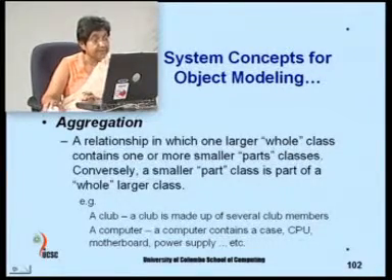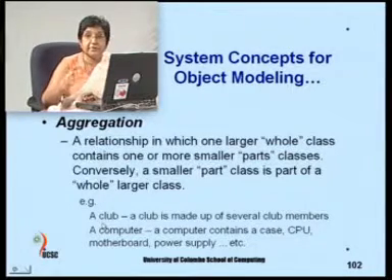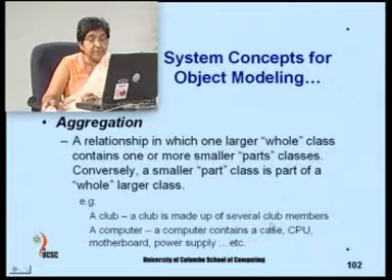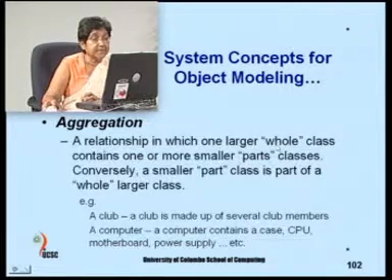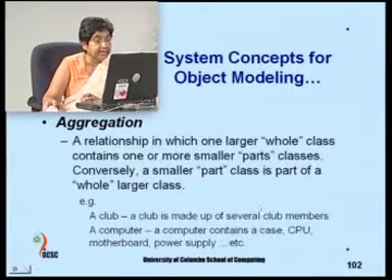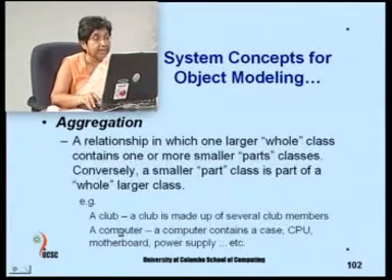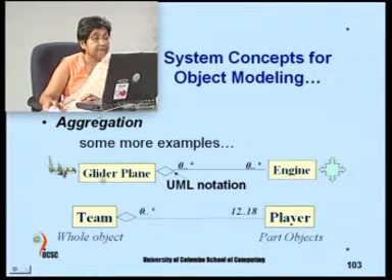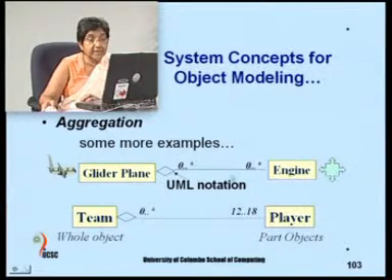If we give examples, a club is made up of several club members. So you have your whole class called the club, and it is made up of part classes called members. A computer contains a case, a CPU, motherboard, power supply, etc. So it contains many parts. Aggregation can be shown like this. Say you take a glider plane, in the UML notation used here, it could have 0 or more engines.